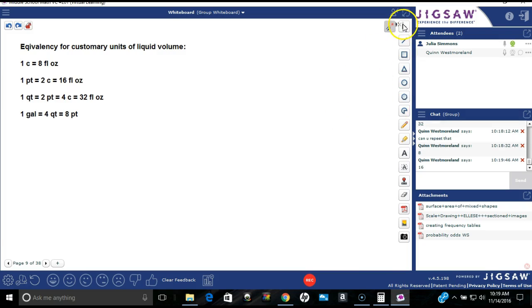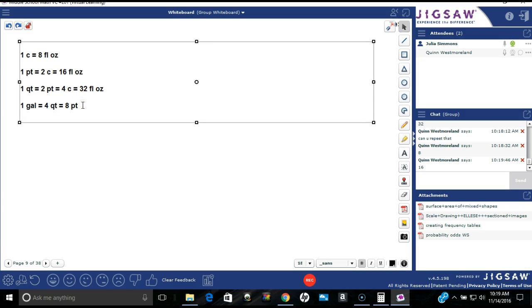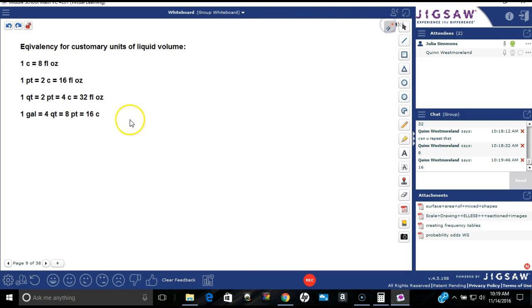Very good. All right, using that same logic, if we know that there's 16 cups in a gallon and in each cup there is 8 fluid ounces, how many fluid ounces are there in 1 gallon? 128.